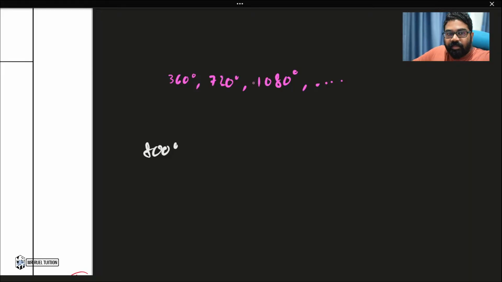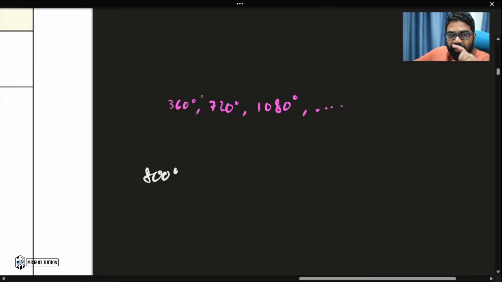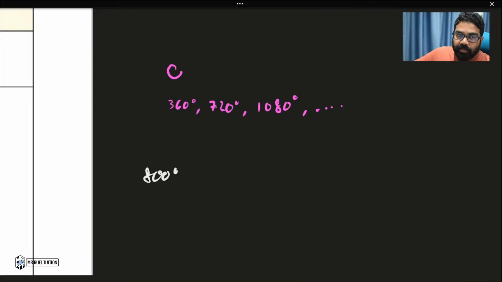So what does this represent, class? Ini mewakili apa? 360 mewakili satu pusingan, one round. 720 represents dua pusingan, two rounds. 1080 represents tiga pusingan, 1, 2, 3. Betul tak?